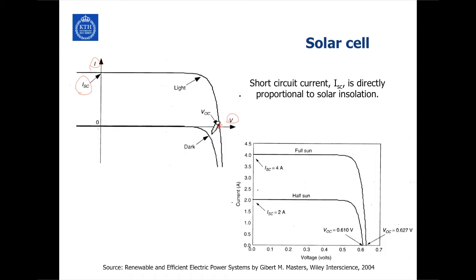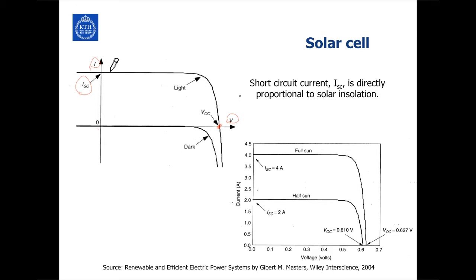This I_SC is directly proportional to solar insolation. The brighter it is, the more electrons, the intensity of the light will determine the number of electrons released. So, the brighter it is, the higher the I_SC is going to be.